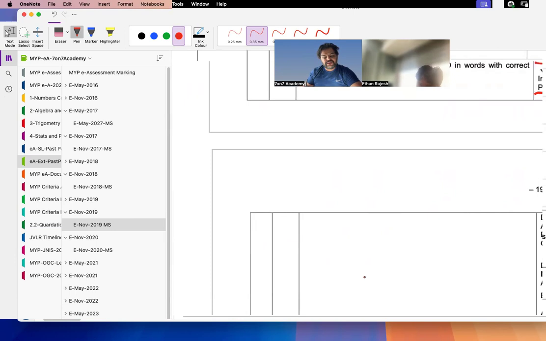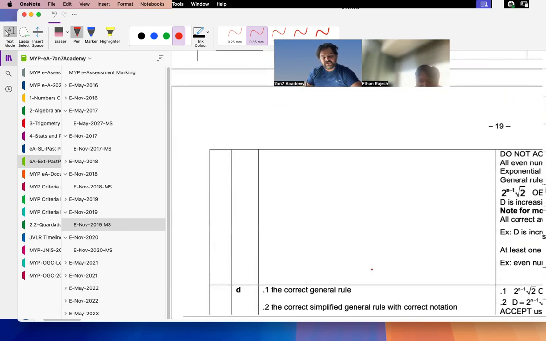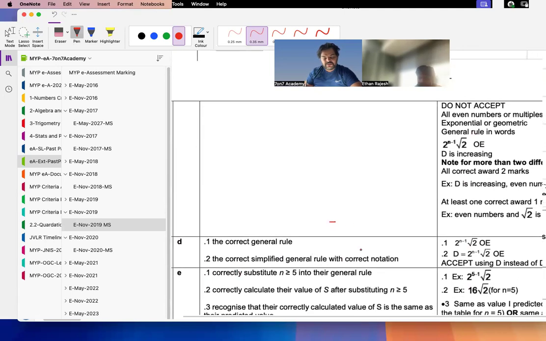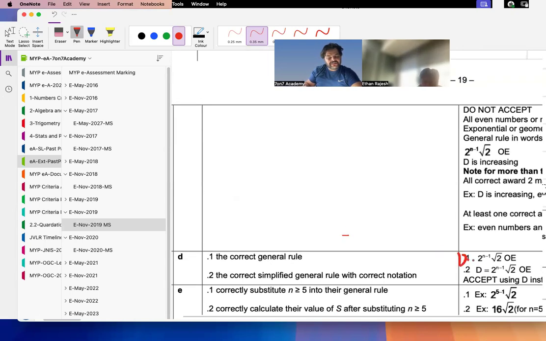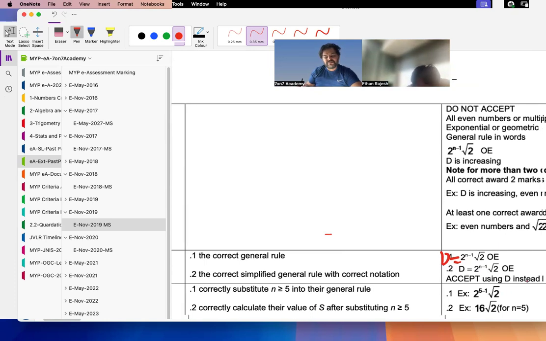So then the next part, C, was the nth term, no? That we got the nth term. You get 2 marks. See, if you don't write D is equal to, you'll get only 1 mark. You have to write D is equal to, because these are equations. An equation should not have only one side; it has an equal to and some other side as well. Except using D instead of Dn, these are the terms.